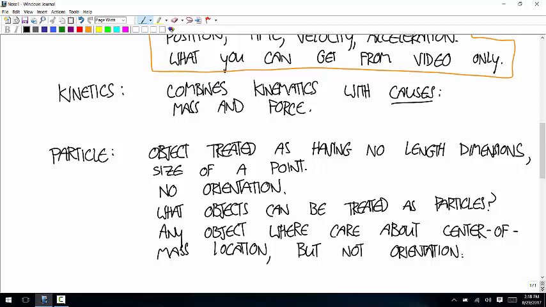So they just treat it as if it's only a dot with a certain mass at the location of its center. And obviously a planet is huge, but if you don't care about the orientation, it's usually a fine treatment.